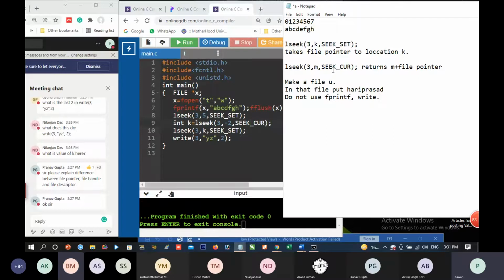If m is positive, then the file pointer will go to m plus the file pointer. Is it correct?